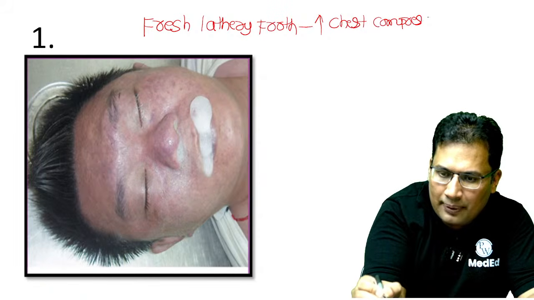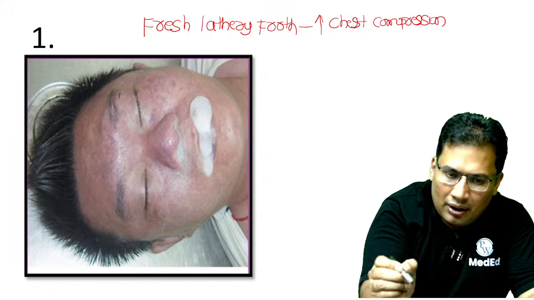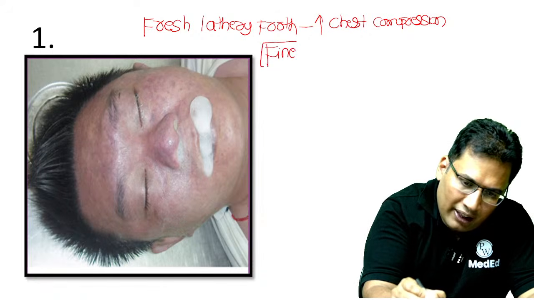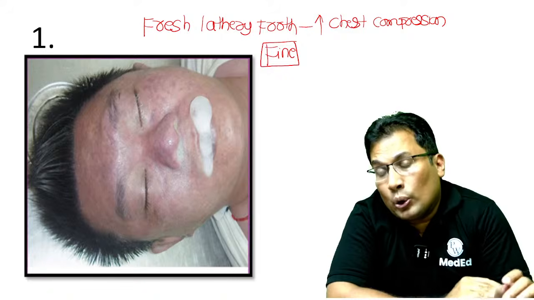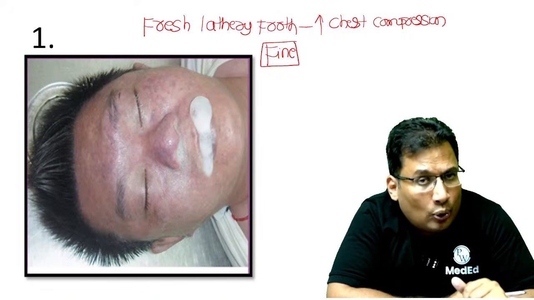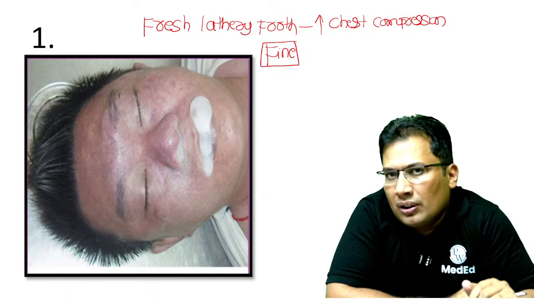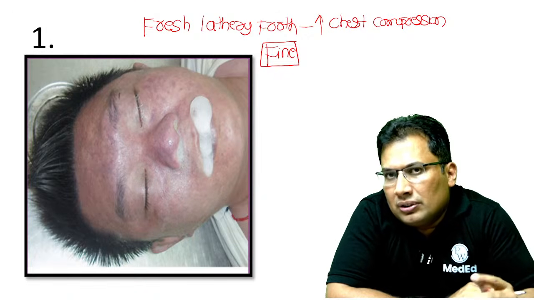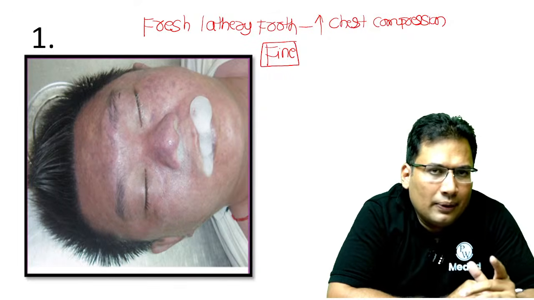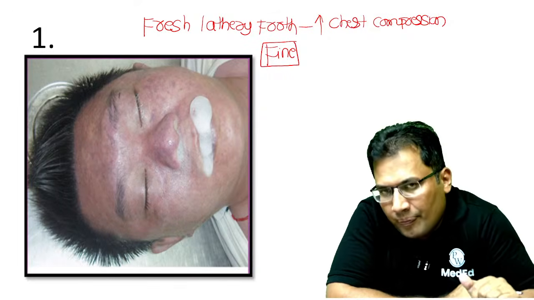This is point number 1. Remember, it is a fine froth, very fine froth, not coarse. It does not collapse with the tip of the instrument. It is fine and it is constant.